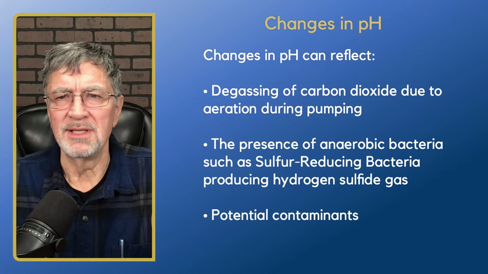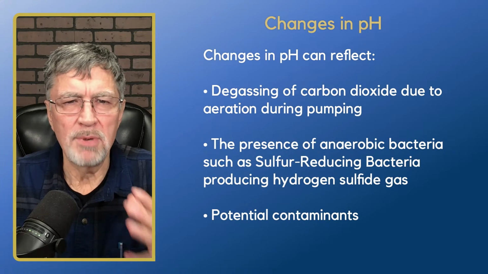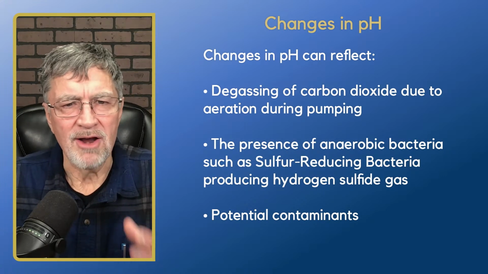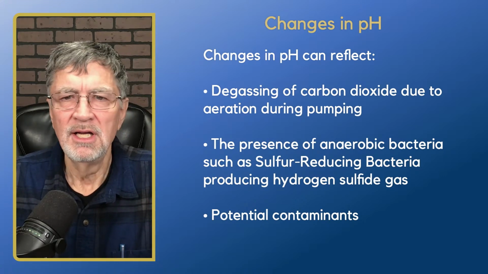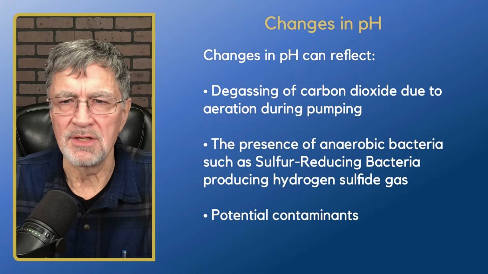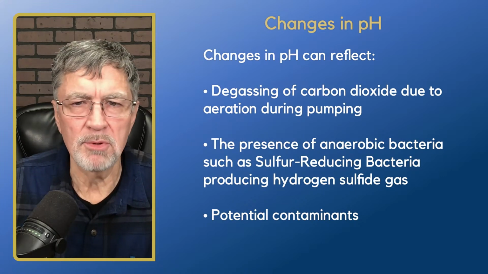So some things that changes in pH can reflect are, well, under pumping conditions, you're going to aerate the water that's going to come into the well. It's going to mix with the atmosphere, and so you're going to get degassing of carbon dioxide due to that aeration during the pumping process.